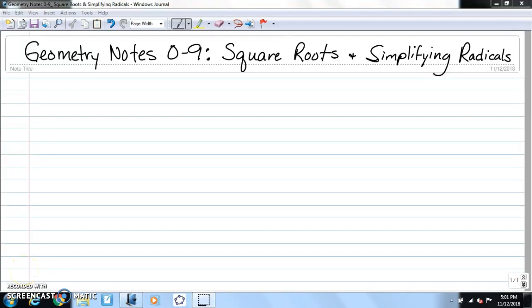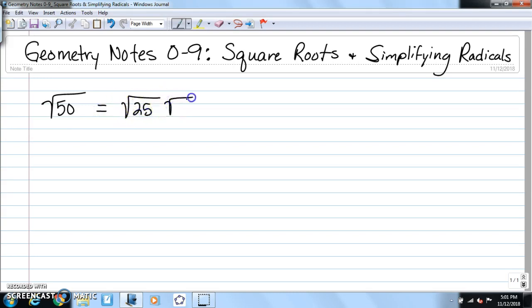Okay, in this section we're going to work on simplifying radicals, square roots, and other radicals. So first thing is the product property. Anytime you have something under the square root that you can write as the product of two numbers, for example, we can write the square root of 50 as the square root of 25 times the square root of 2.